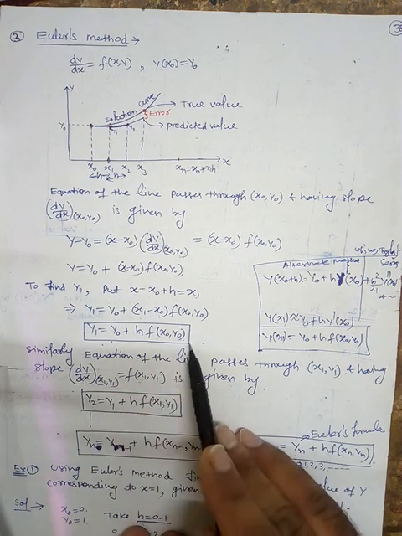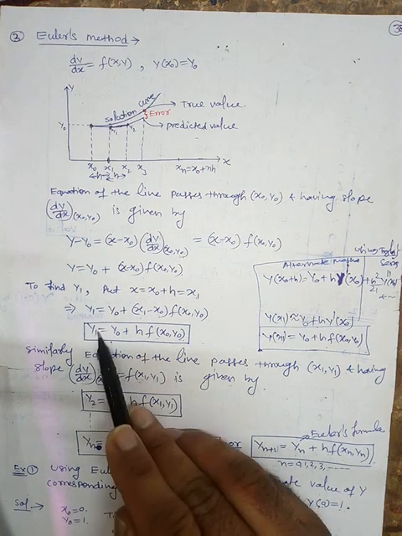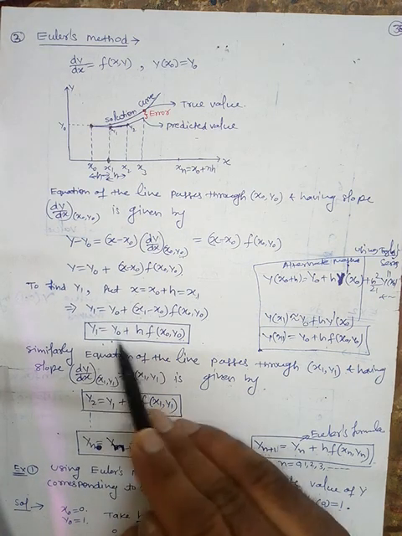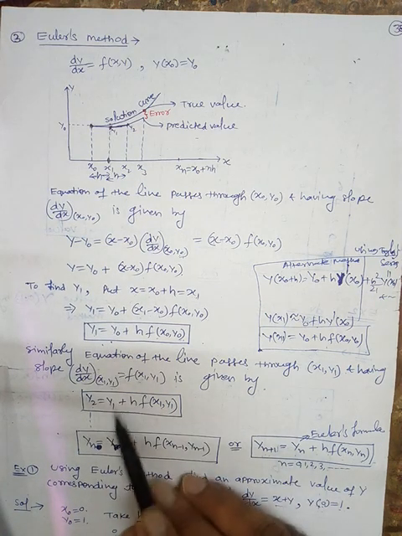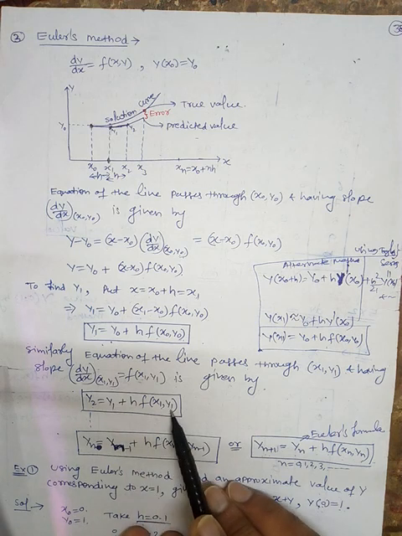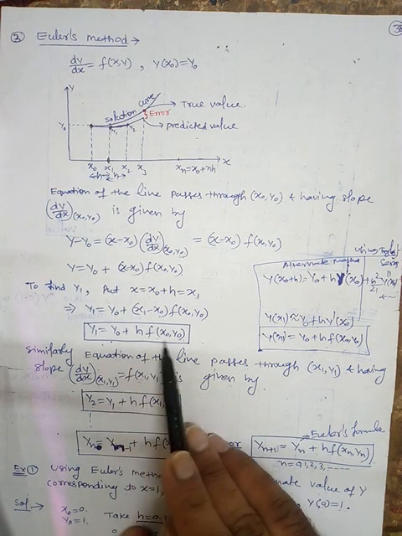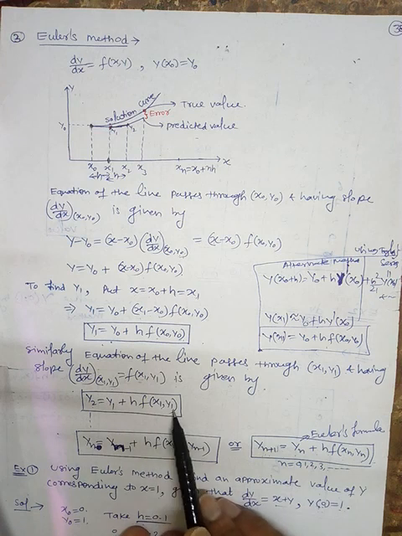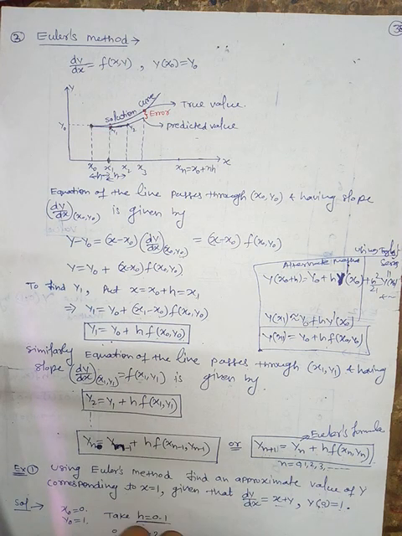Again use the same expression, with 2 in place of 1 and 1 in place of naught. So y2 is equal to y1 plus h f of x1, y1. Here we had 0, 0, 0, here we have 1, 1, 1, and then we have evaluated y2.